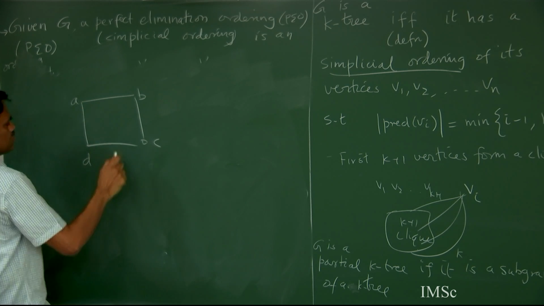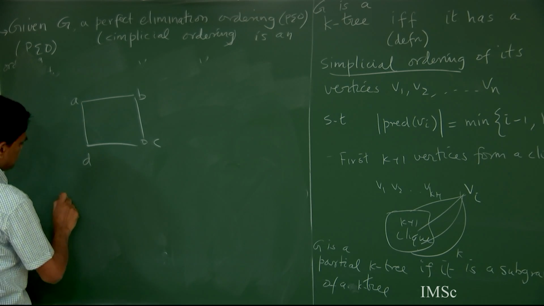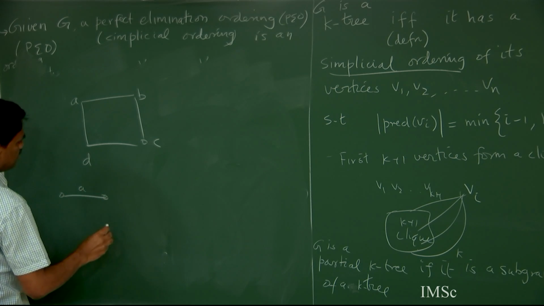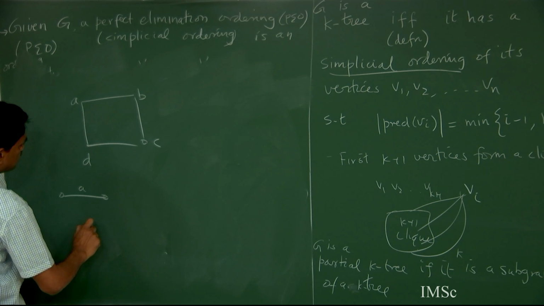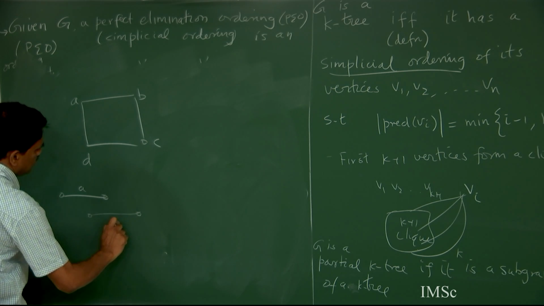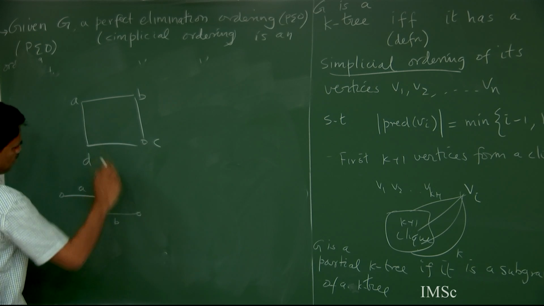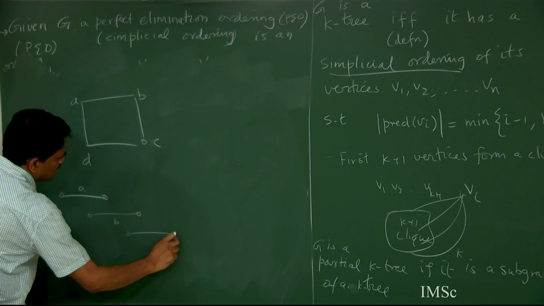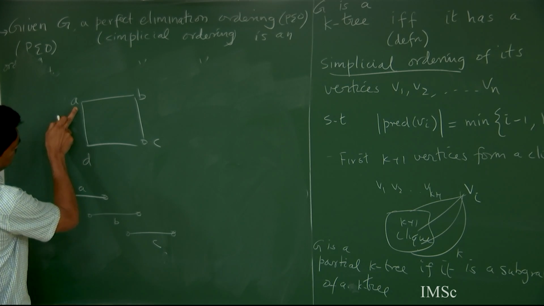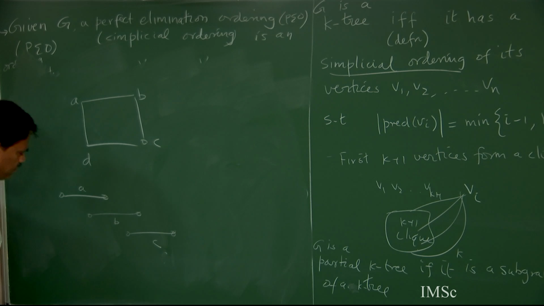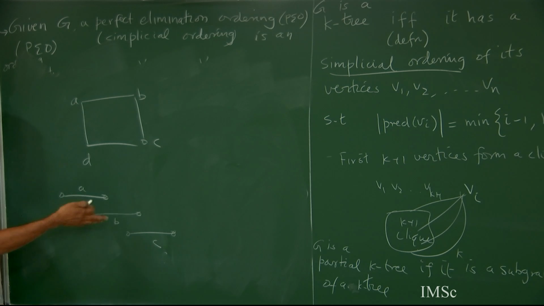Then A corresponds to an interval, let us say this is my interval A, then B corresponds to an interval that intersects with A. So, let us say that is my B, C intersects with B, but not with A. So, that is my interval, and D intersects with A and C. I cannot have an interval that intersects with A and C but does not intersect with B. So, if I draw in any way, it will mean that I have a chord.